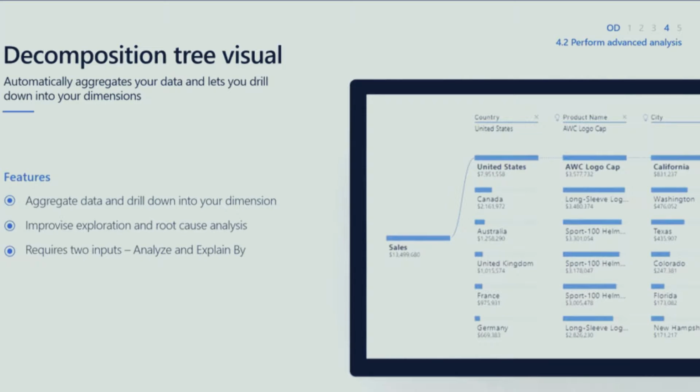Another very highly used capability is the decomposition tree. Instead of creating those drill-throughs, which really work through multiple screens and can get really, really complicated in certain scenarios, the decomposition tree lets your user work through a branch of data at a time. So for example, the total sales is X. Then within that, the user can see that the United States market is standing right at the top.